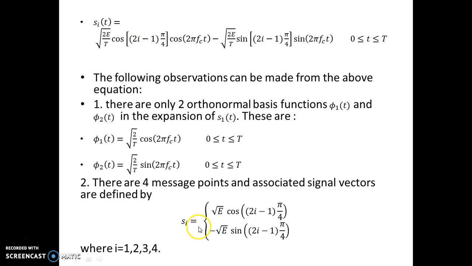As the value of i varies from 1 to 4, there are 4 messages, and the vector Si consists of the coefficients of the basis functions phi1 of t and phi2 of t. Si1 is root E cos (2i minus 1) into pi by 4, which is the coefficient of cos 2 pi fct, and we have Si2 as minus root E sin (2i minus 1) into pi by 4, which is the coefficient of sin 2 pi fct, the second basis function.